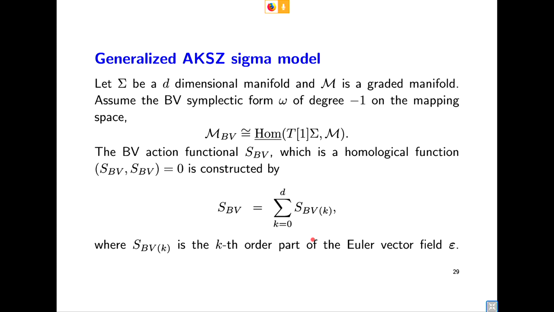From this example, we can propose the so-called generalized AKSZ sigma model, a kind of generalization. This is not a definite result, but we can propose it. First we consider a D-dimensional manifold Sigma, and M is some target graded manifold. Then we consider some mapping space, this one.